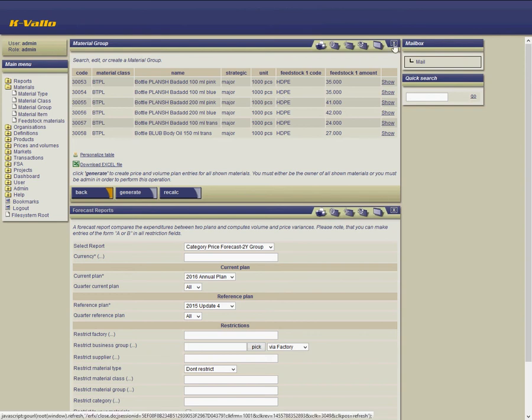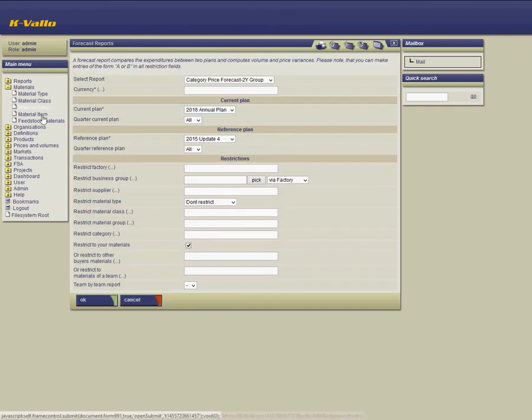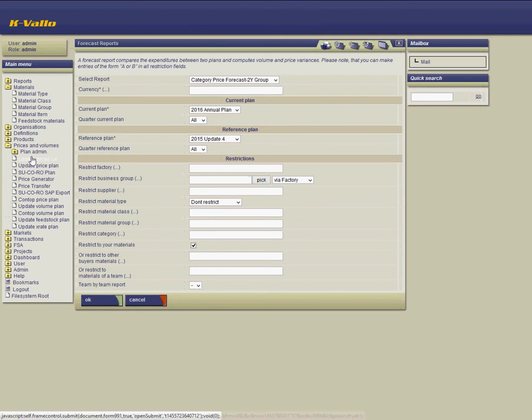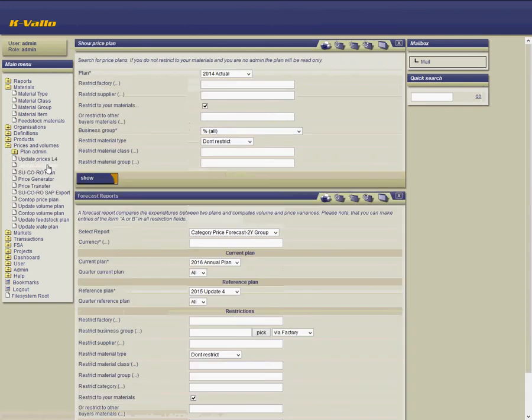Now the increase of the HDPE leads to an average increase of 6.6% for the bottles. The question is now on the negotiation. You know that the HDPE price translates to an average 6.6%, and now we are looking at the negotiation, and we're looking at our bottle prices. This is the price plan for 2015.